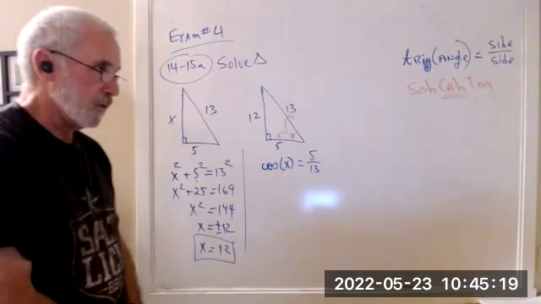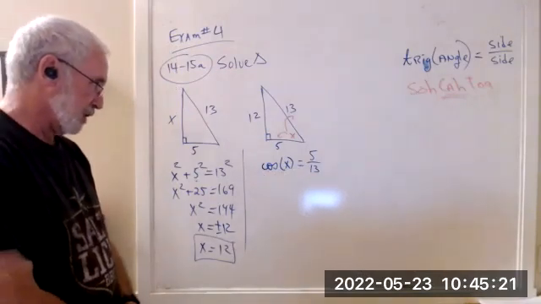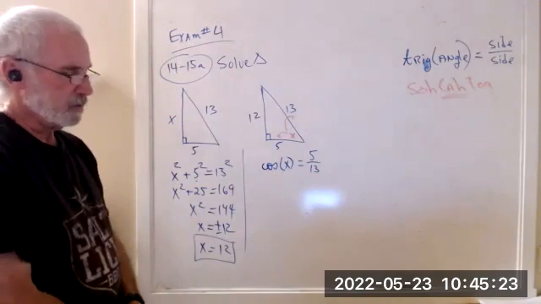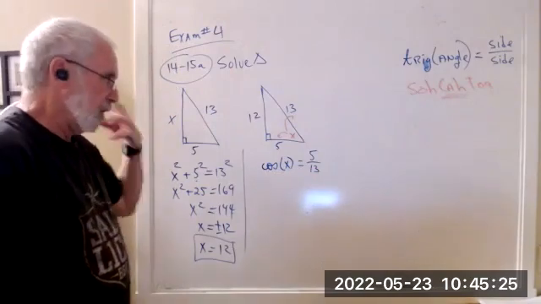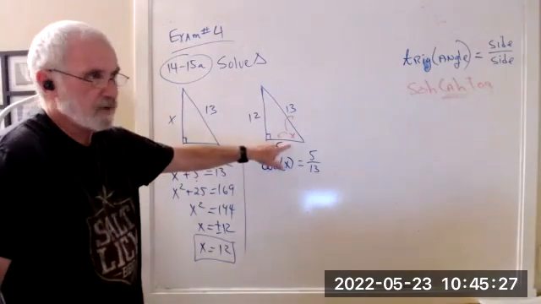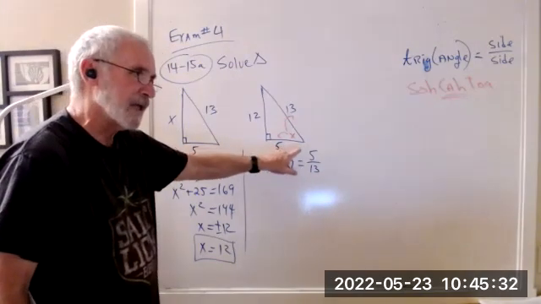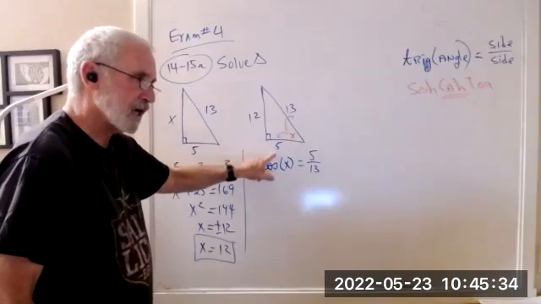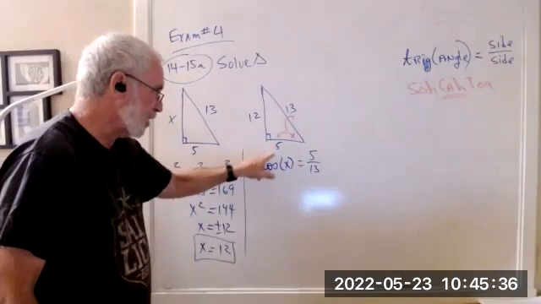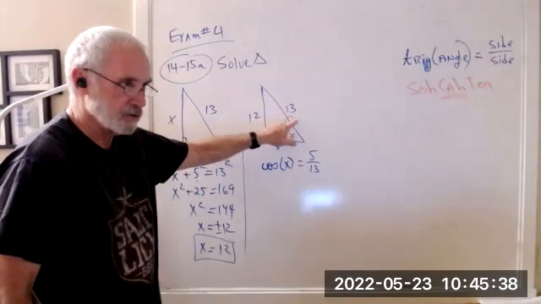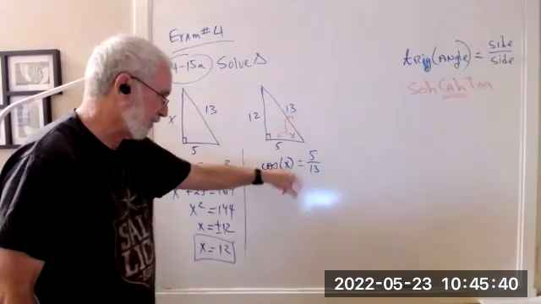A few of you are really mixed up on this. One or two of you. Is that okay with everybody? We pick cosine, fine. But we had to know that cosine is related to the adjacent side, adjacent to this angle, divided by the hypotenuse. So that's why we pick 5 and 13.